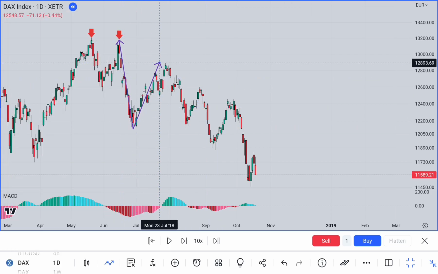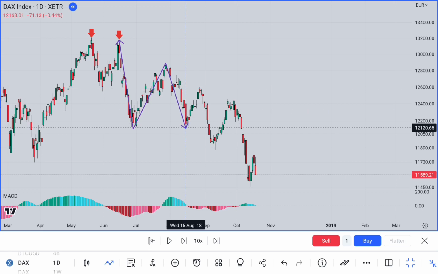Keep in mind that each of these peaks and troughs represents important resistance and support levels.